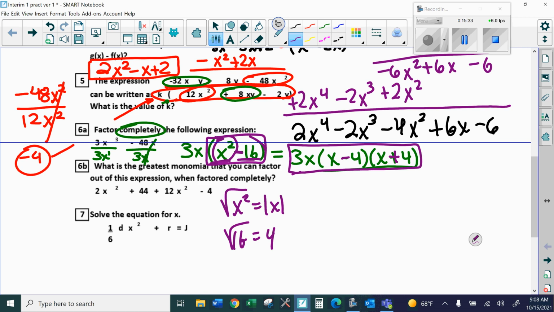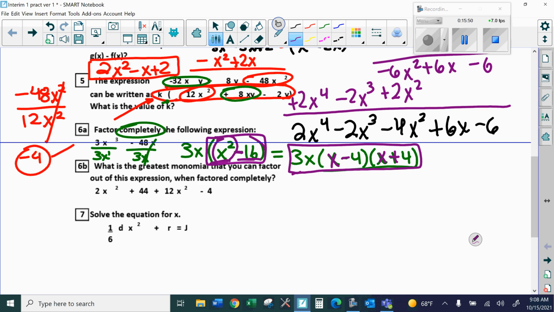So both of them are perfect squares. All you do is take that square root, there's your x and your x, take the square root of 16, 4 and a 4, and one's a plus and one's a minus. That's called the difference of squares.